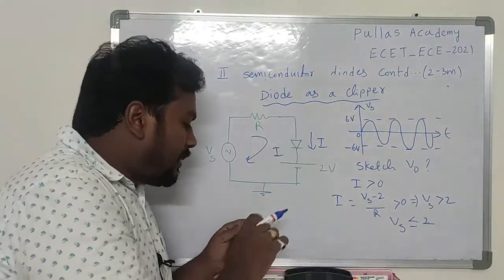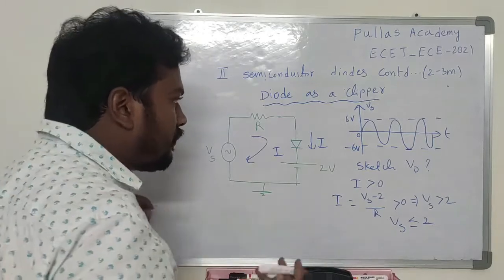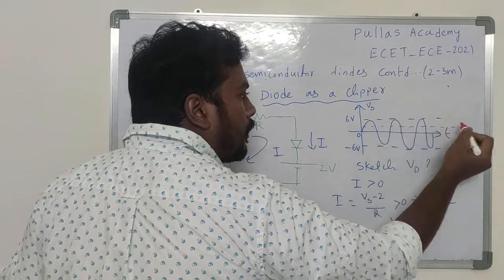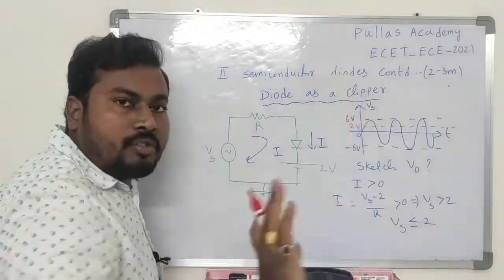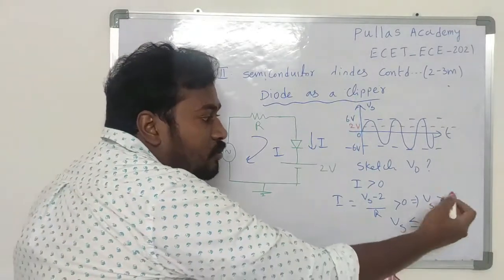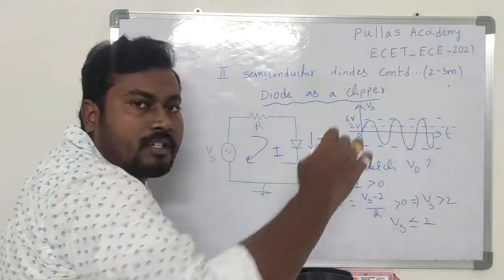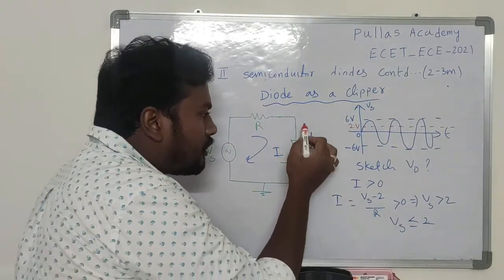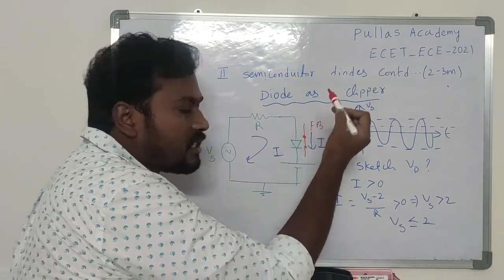So let me sketch V0 here. The reference voltage is 2 volts. When Vs is more than 2, the diode is simply short circuited, which means it is forward biased.